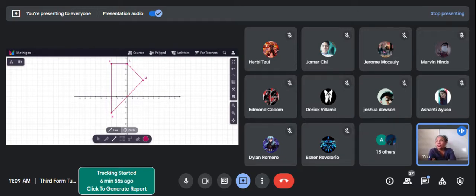Now, it says that you need to construct the dilation of this quadrilateral under a scalar factor of 1/3. All right, that is what the question is saying. So now, what do we do with that 1/3? What do you guys remember that we should do?